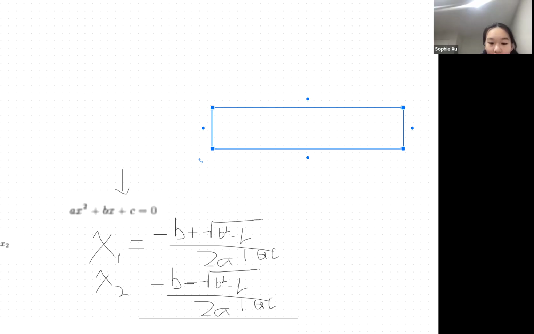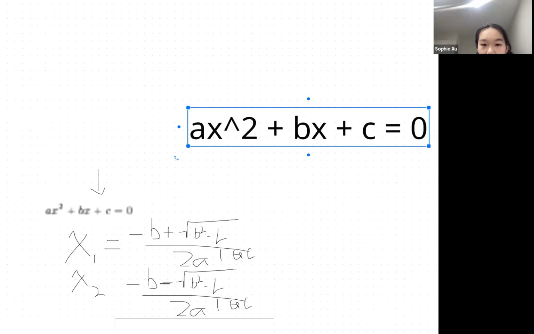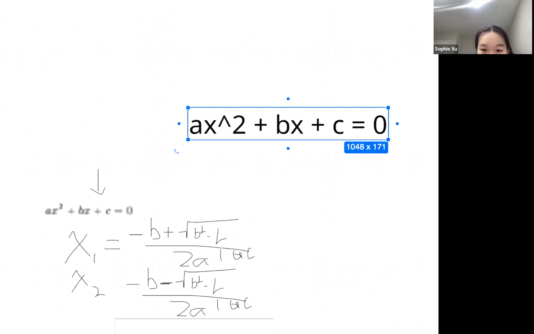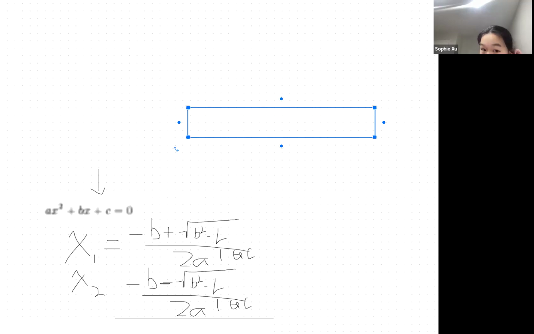So firstly, we have ax squared plus bx plus c equals 0, right? Make this smaller, sorry guys. And then we can divide both sides by a, right?